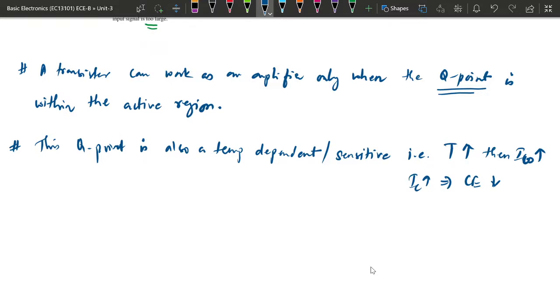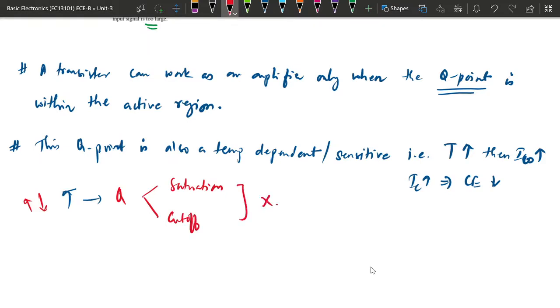Because of temperature increase or decrease, the Q point can reach saturation or cutoff, so we should avoid this. We should set the Q point such that even if there is some small change in temperature, the Q point stays within the active region only.